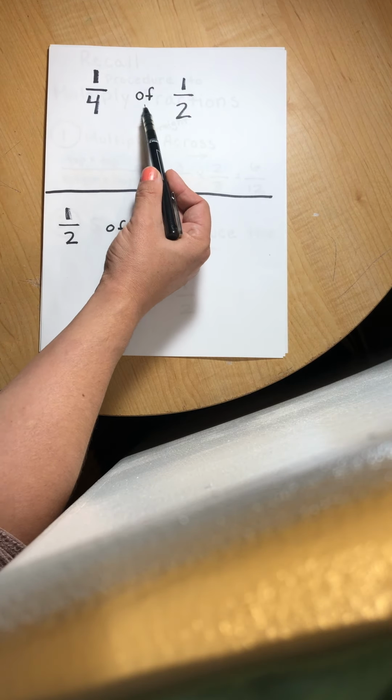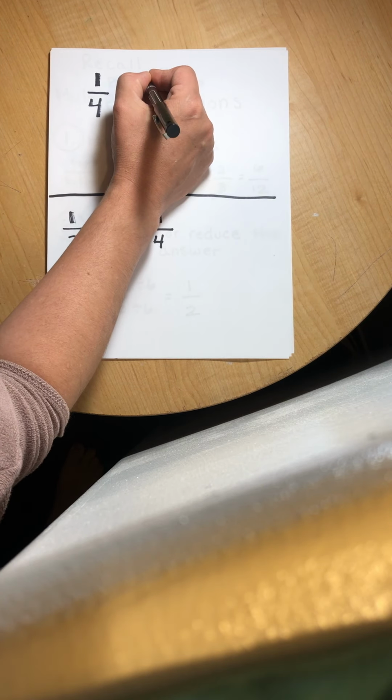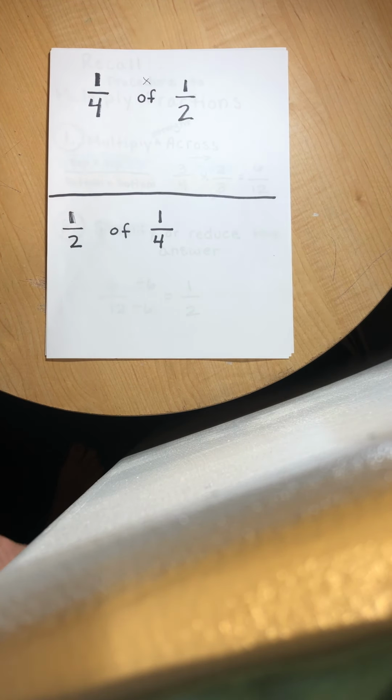This word "of" can be used interchangeably with the multiplication sign. So when you see "of," you see multiplication. This helps with word problems. When you see the word "of," you know that multiplication needs to be applied somehow.